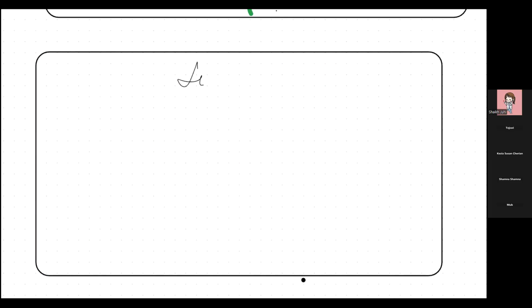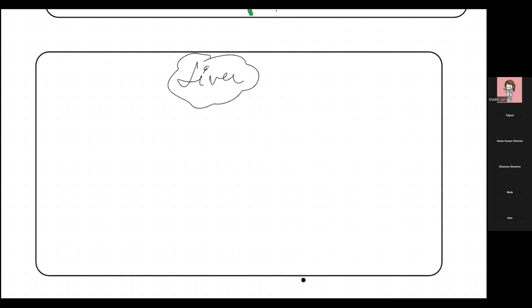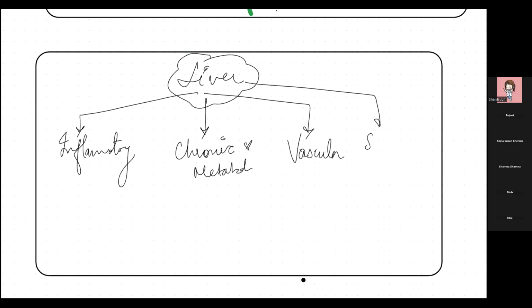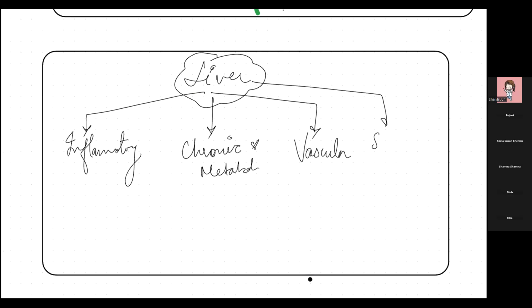In the liver itself, there can be inflammatory diseases, as well as chronic and metabolic diseases, as well as vascular diseases, and there can be space occupying lesions.